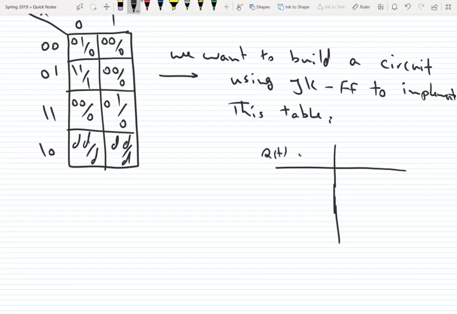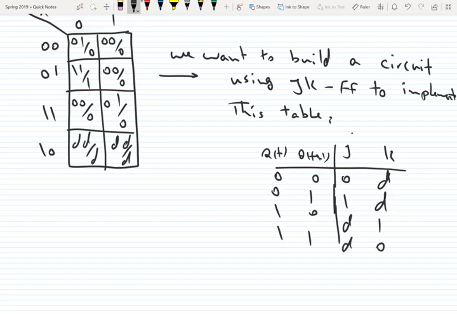Q of t, Q of t plus 1, JK: 0 0 gives 0d, 0 1 gives 1d, 1 0 gives d1, and 1 1 gives d0. This is the excitation table of JK flip-flop.